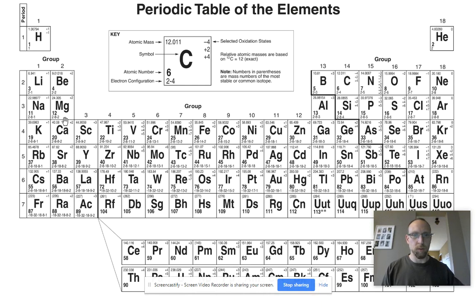Look up here, plus 2, right? Fluorine, always minus 1. There's your minus 1. Oxygen, usually minus 2. There's your minus 2. Hydrogen, usually plus 1. There's your plus 1, right? So it's all right there. And you can use that to help you.